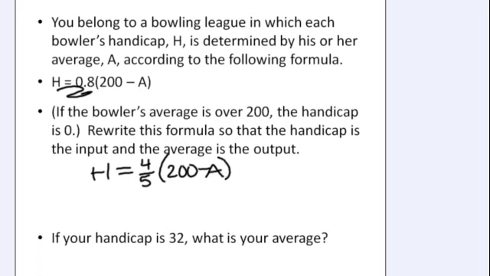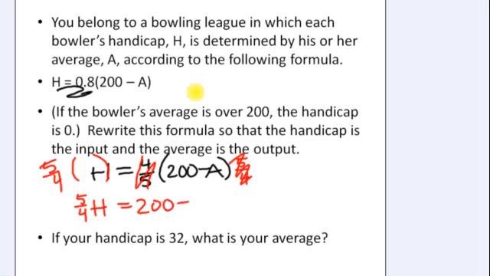So instead of dividing by 0.8 and having a decimal within a fraction, instead I'm going to multiply both sides by 5/4. So then 4/5 times 5/4, that just equals 1, so those cancel. And now I have 5/4 times h equals 200 minus a.